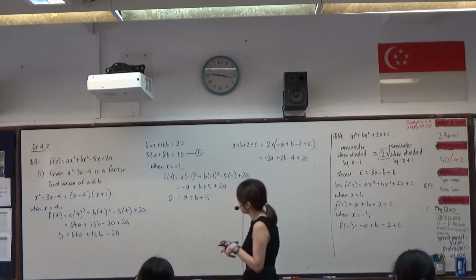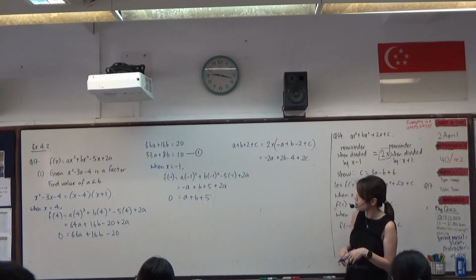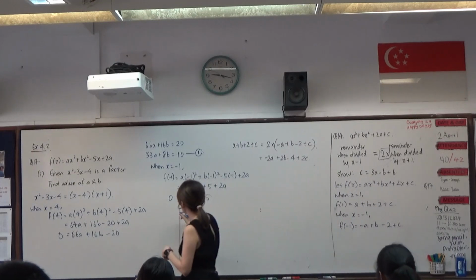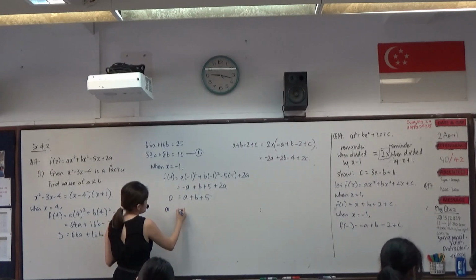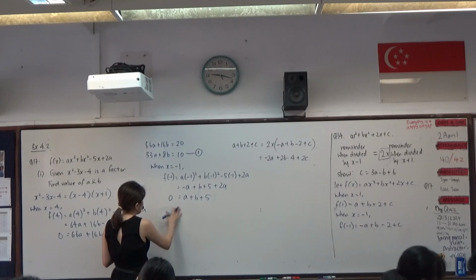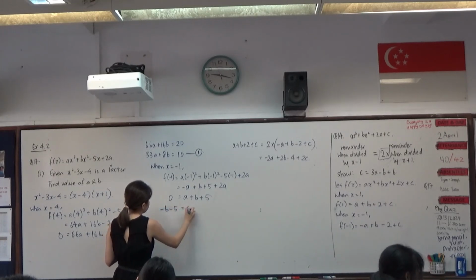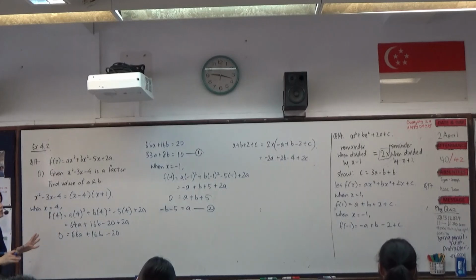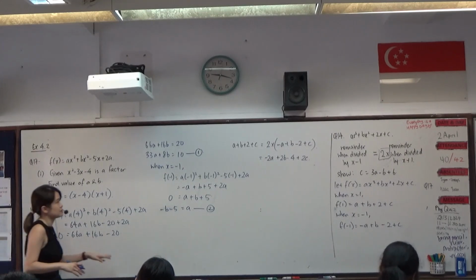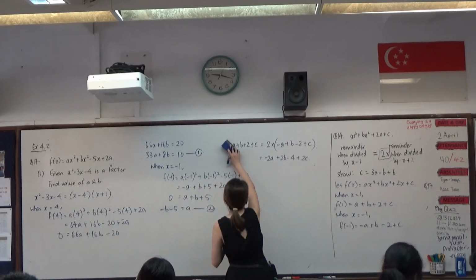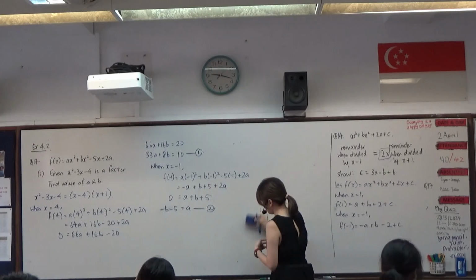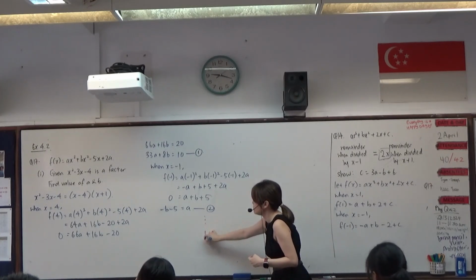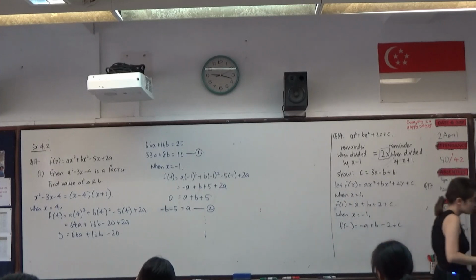So likewise, this is remainder 0 because it is a factor. So in other words, a is equal to negative b minus 5. So we solve it simultaneously. Do your substitution method, and then you will be able to get the answer. I leave it to you to get the answer in a minute.